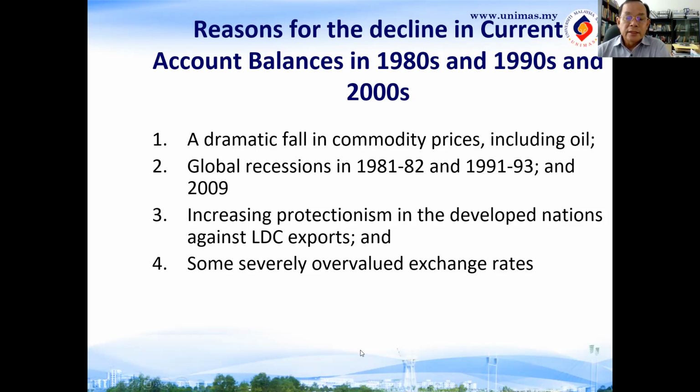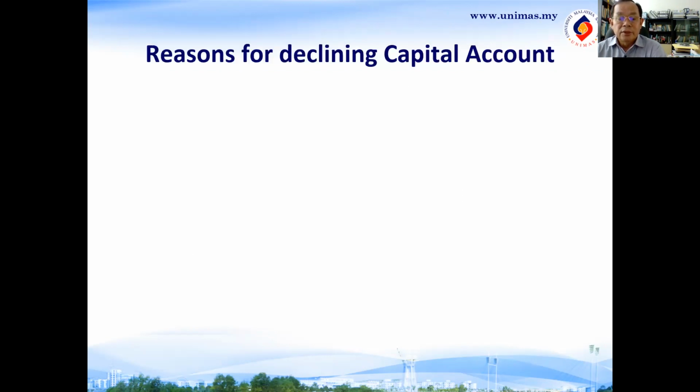And also another reason is overvalued exchange rate, ya, pertukaran mata wang asing, ya. Jadi nilai mata wang negara, contohnya bagi negara yang sedang membangun, sometimes overvalued, that sebenarnya menyebabkan masalah, ya.